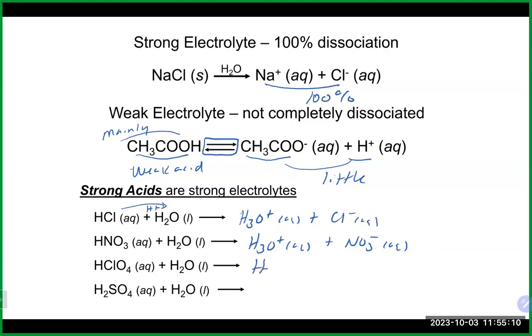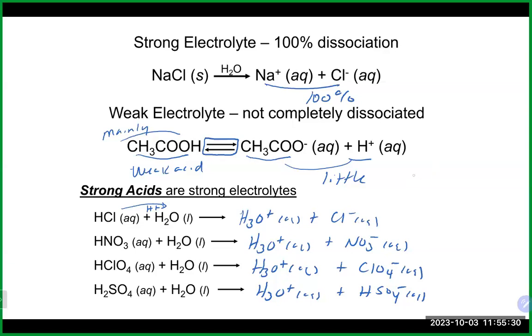So we give us H3O plus and ClO4 minus and H3O plus and a little HSO4 minus in this case, right? So a list of some strong acids.